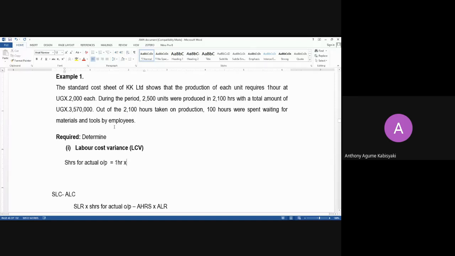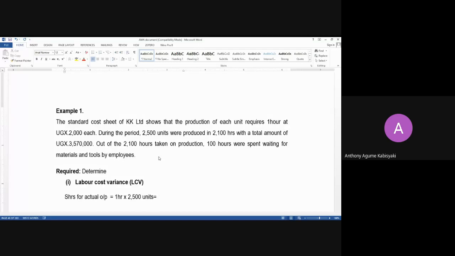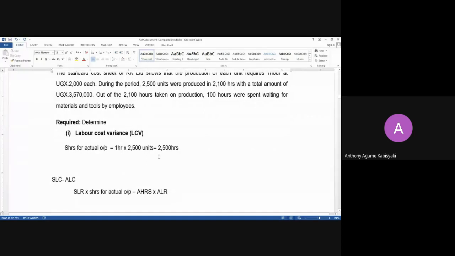And what is the actual output? During the period, 2,500 units were produced. So the actual output is 2,500 units. Meaning my standard hours for actual output is 2,500 hours. I think that one is okay. That is my standard hours.